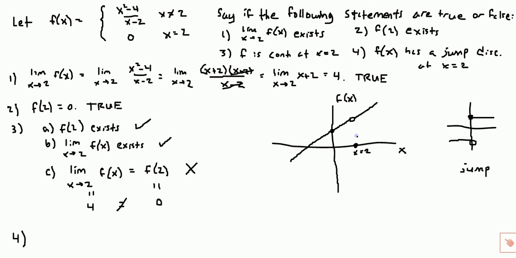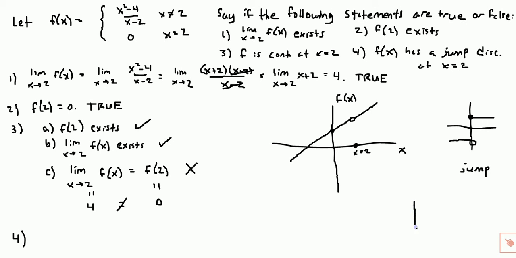So what's left? A removable discontinuity. If we redefined f of 2, we could make this a continuous function. If we defined f of 2 to be equal to 4, this hole would be filled in, and when we went to draw the graph, you could draw the whole graph without picking up your pen.